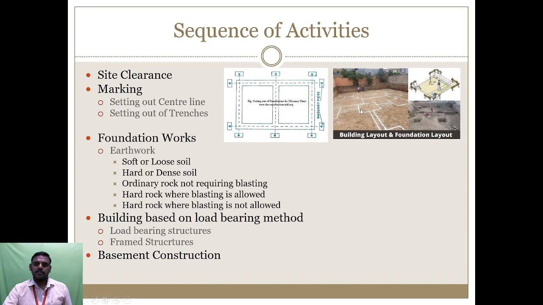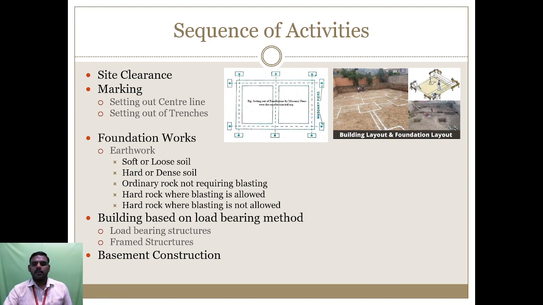Then we have to mark it in a separate manner, like a column foundation. Each and every column is separately marked and separately excavated. The excavation is done by both machines and manual.